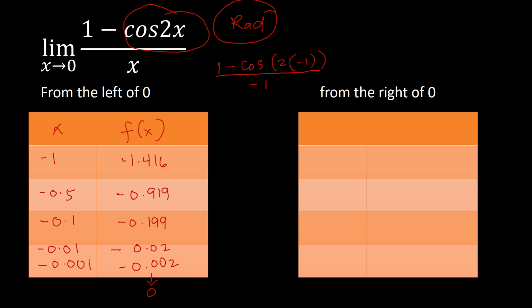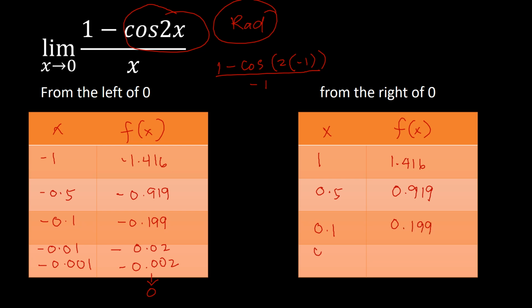So let's now go to the right. So we have x and then f of x. From the right, we can get 1. Inputting that on the calculator, we have 1.416. Then moving closer, 0.5 is equivalent to 0.919. Then 0.1 is equal to 0.199.